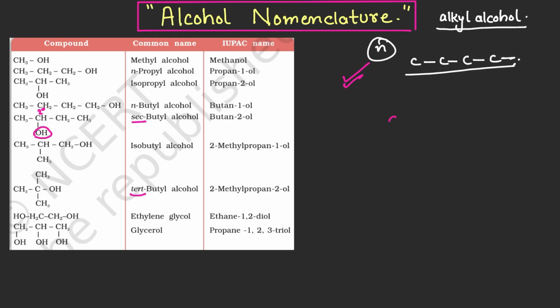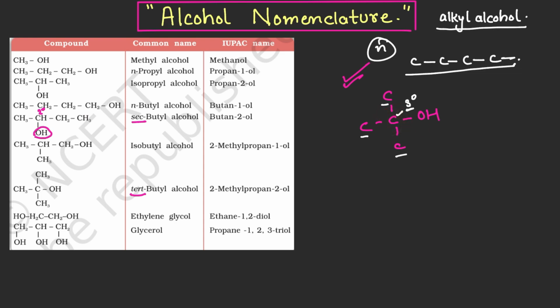Suppose this is the layout of this compound. Now what kind of carbon is it? This is your tertiary carbon, the 3-degree carbon. Why? Because this carbon is further attached to 1, 2 and 3 carbons.